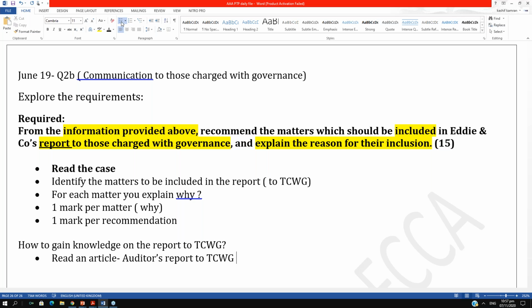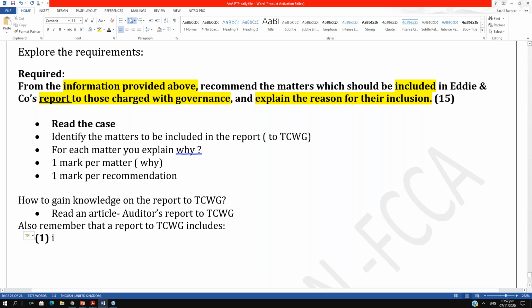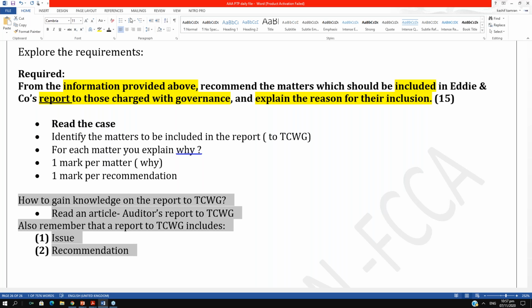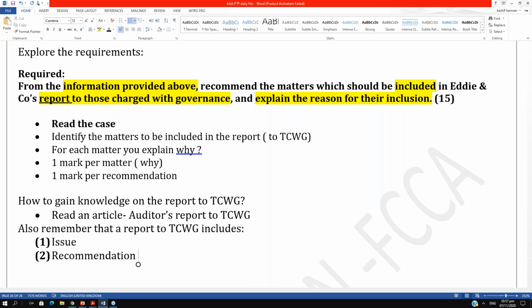So please do read the article, and also remember that a report to TCWG includes the issue and the recommendation. This is what you will gain from the examiner's article. So please read the article so that you have very good knowledge. And secondly, also remember what this includes.